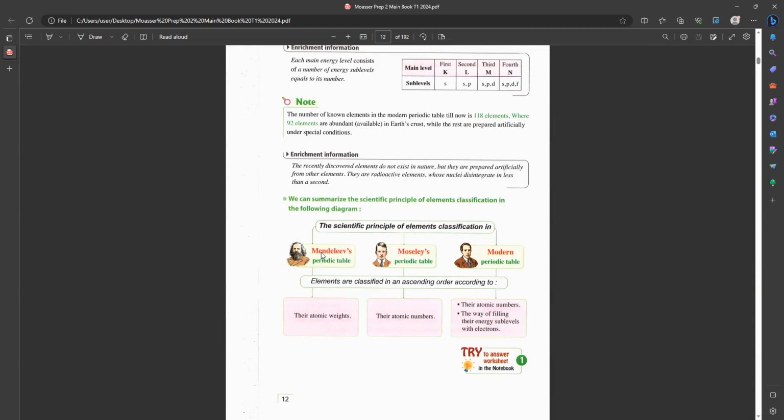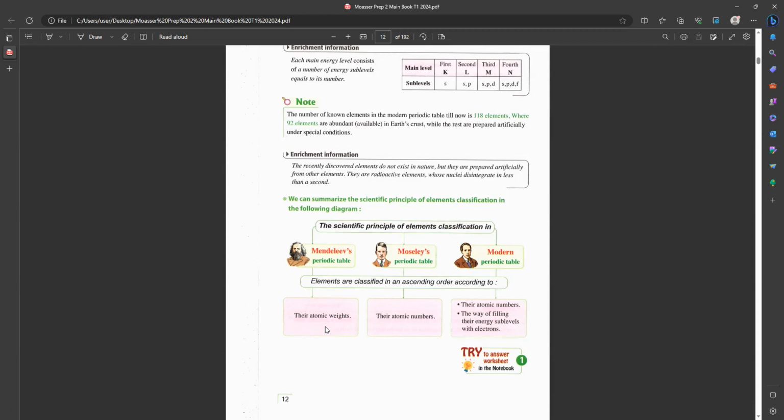Mendeleev's number of elements was 63. He made groups, arranging the elements in 2 subgroups, A and B. He predicted the discovery of new elements and put names for them, leaving spaces or empty cells.